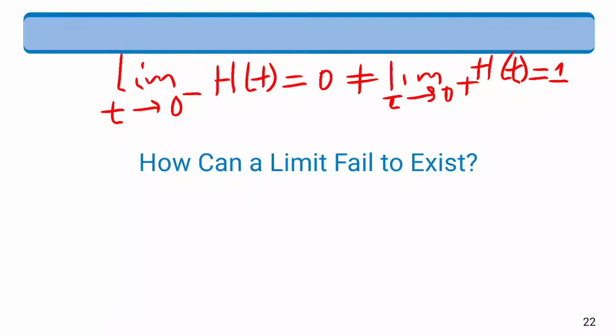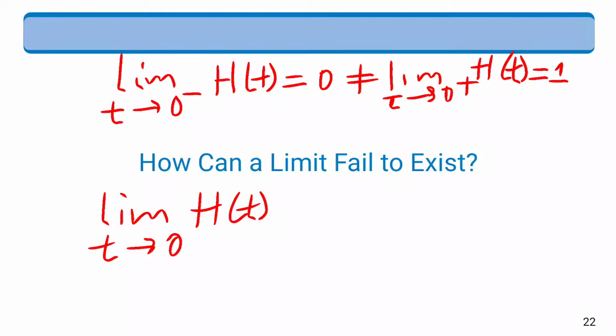So this was one of the cases where we could conclude at that time that the limit as t approaches 0 of H of t does not exist.